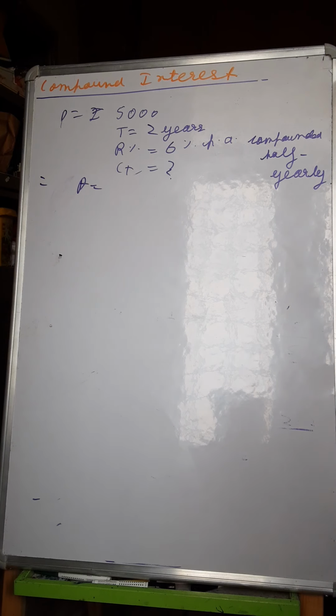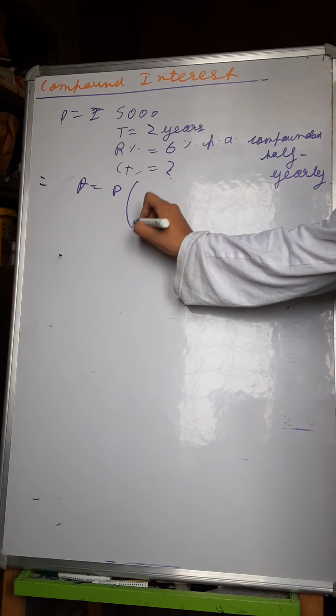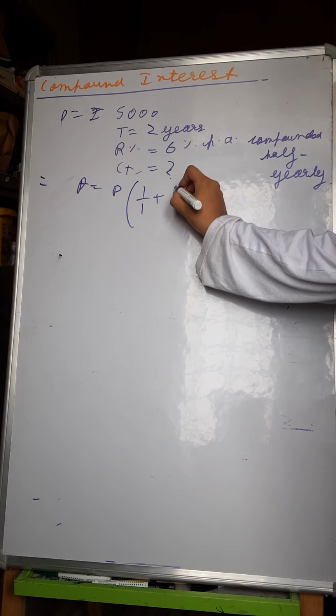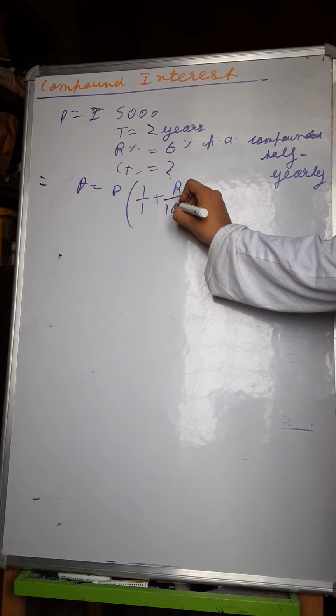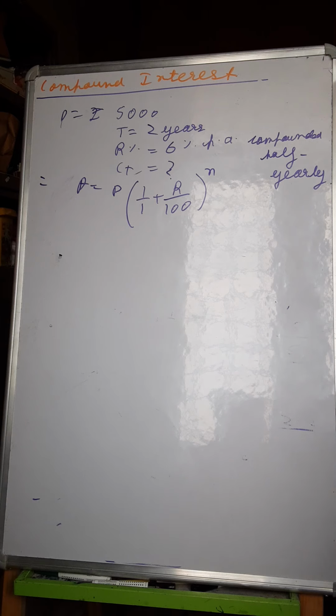So let's go. In this case, your amount formula shall change slightly. It shall become P, that's the same, times (1 + R/100) to the power n. This is your formula for when it is compounded annually.